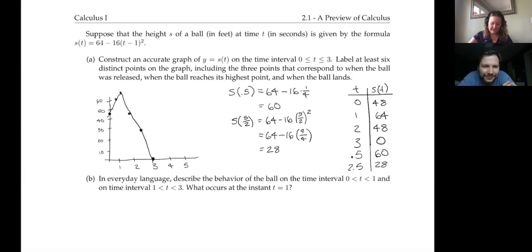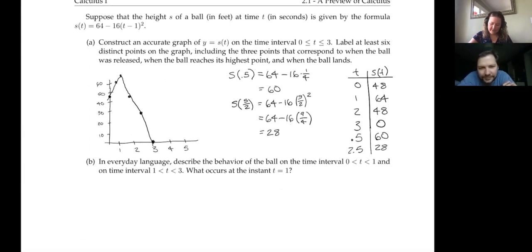Okay, so for the rest of this activity, we want to think about the behavior of the ball on the time interval 0 to 1. Remember, at 1, that is where the ball is being thrown upwards. When we get to 1, this term will become 0, and so it will reach that maximum height of 64 feet, right?